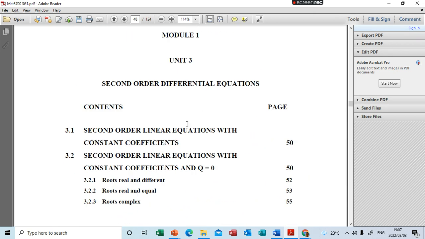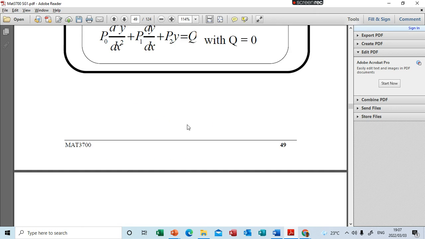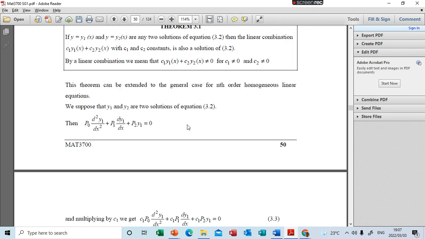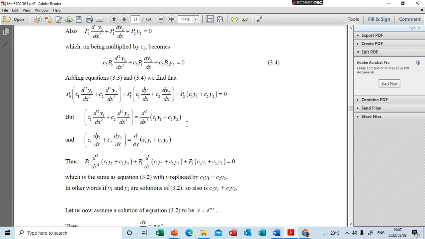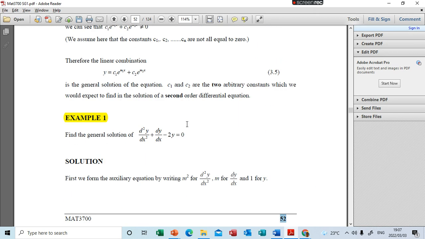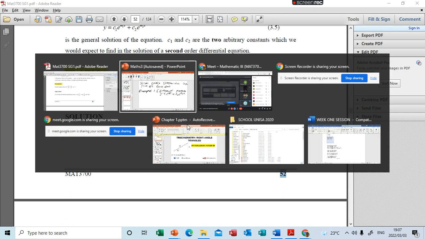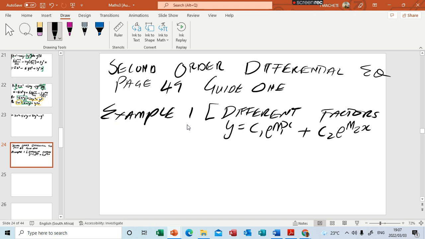It's only few things that you need to know there. But the second order differential equation, it's a lot of work. It's too much. There's a lot of theorems and everything. So the first one that we're gonna do, the first example that we're gonna do, guys, it's your first order differential equation that has got different factors.